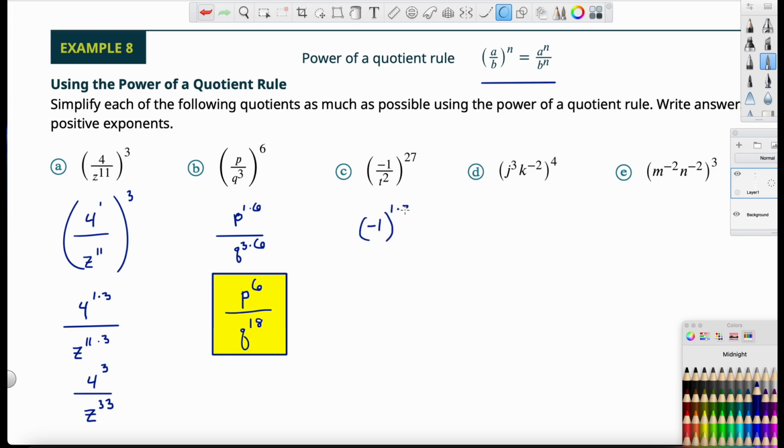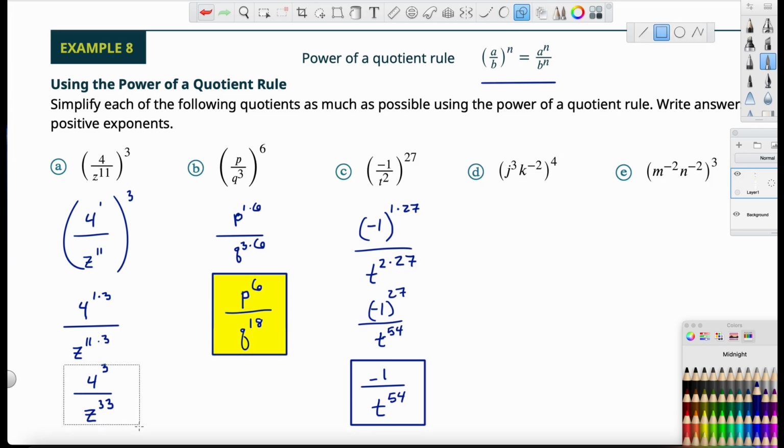C, we're going to distribute the exponent 27 times 1 and t to the second times 27. So negative 1 raised to an odd power would give us negative 1. If we were to raise that to an even power, it would be a positive number.